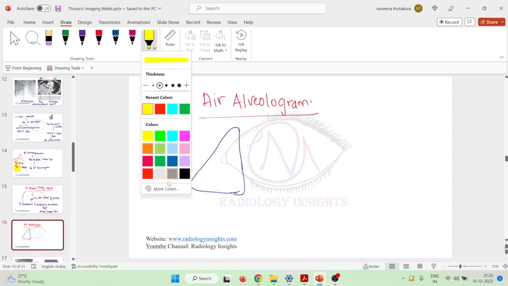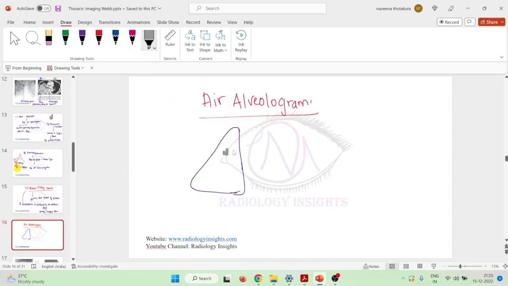If this is the lung and there are fluffy, ill-defined opacities seen here, then in between the ill-defined opacities there are certain regions of uninvolved lung. So between the ill-defined opacities, we will see areas of uninvolved lung.